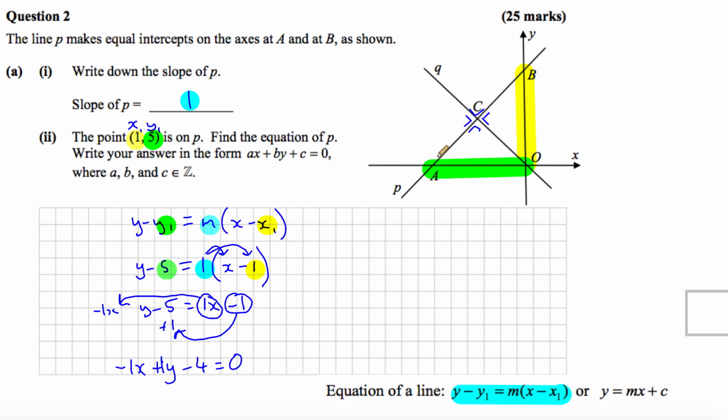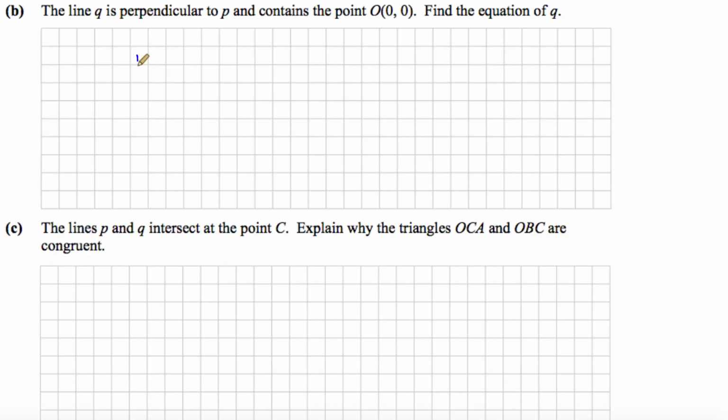All right angles there. Now, if the line P is perpendicular to the line Q, well, perpendicular lines have slopes that multiply to give -1.